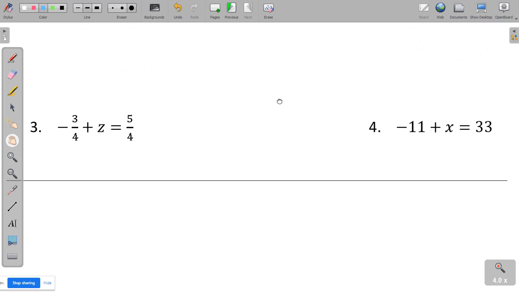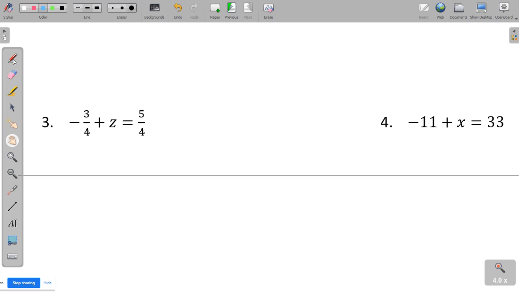Number 3, we have -3/4 plus z equals 5/4. We have a -3/4. We have to do the opposite of subtraction, and we're going to add 3/4 to both sides. It cancels.